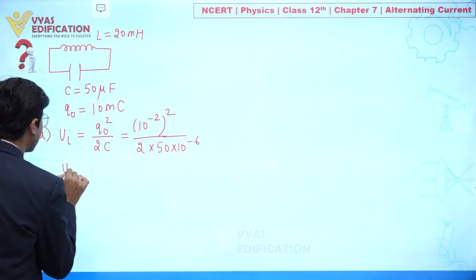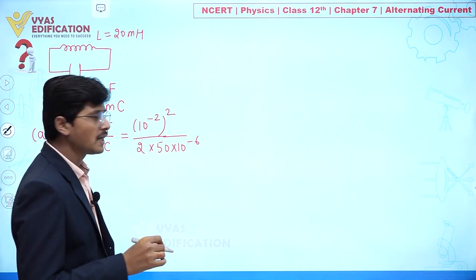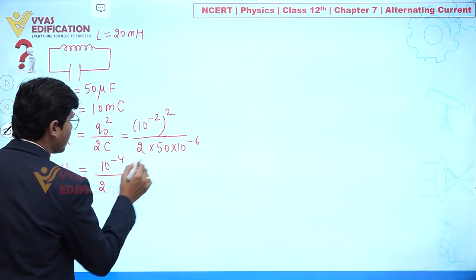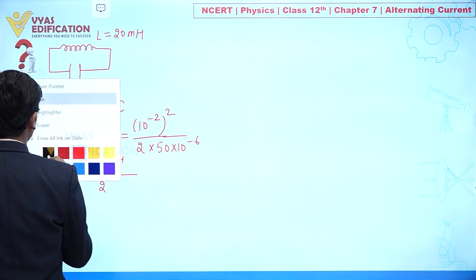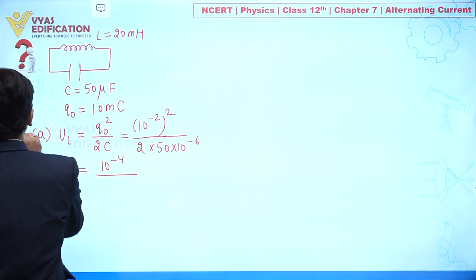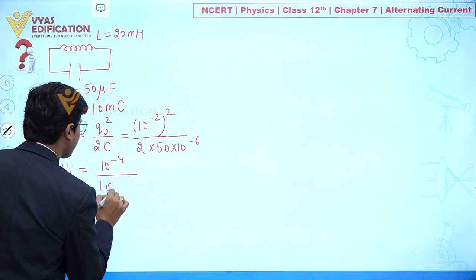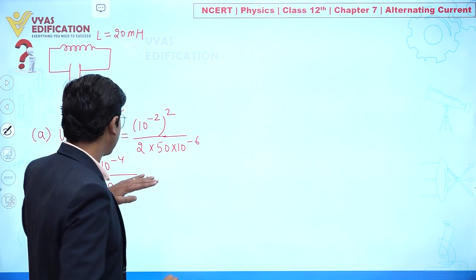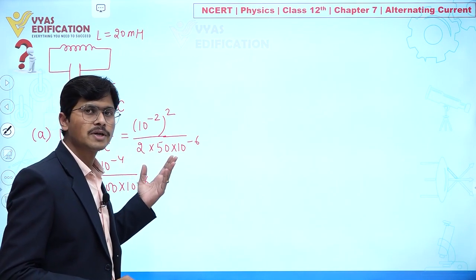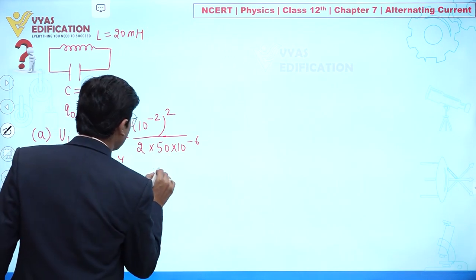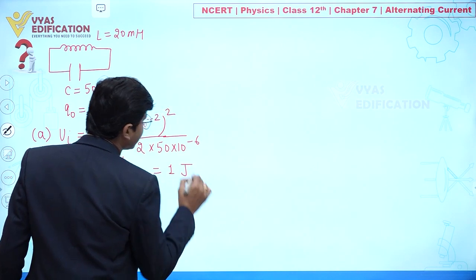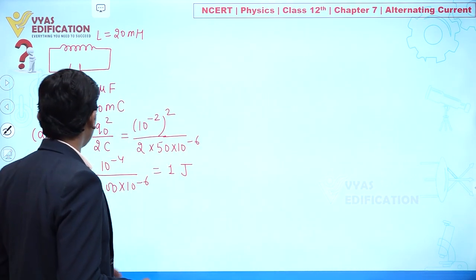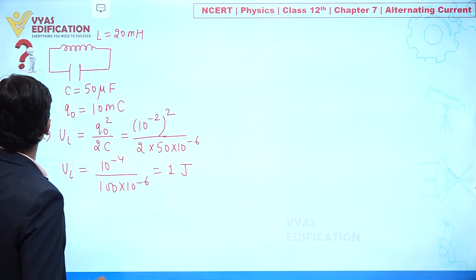So from here we can find the initial energy stored in the capacitor: 10 to the power minus 4 divided by 100 multiplied by 10 to the power minus 6. When this 10 to the power minus 6 goes to the numerator, it becomes 10 to the power 6... and finally we are getting the initial energy stored equal to 1 joule, clear to everyone? So this is the answer of part number A.